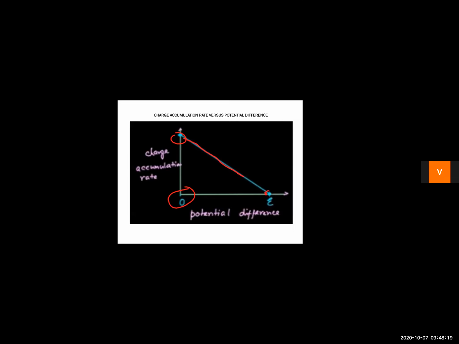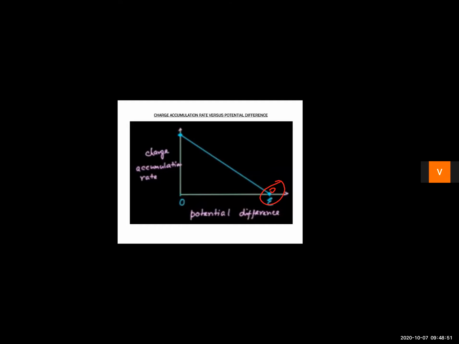When the potential difference between the plates becomes E, the motion of H plus ions towards the PbO2 plate and of sulfate ions towards the lead plate stopped, because of repulsive force. So accumulation ruk gaya. At the potential difference E, the charge accumulation rate became zero.